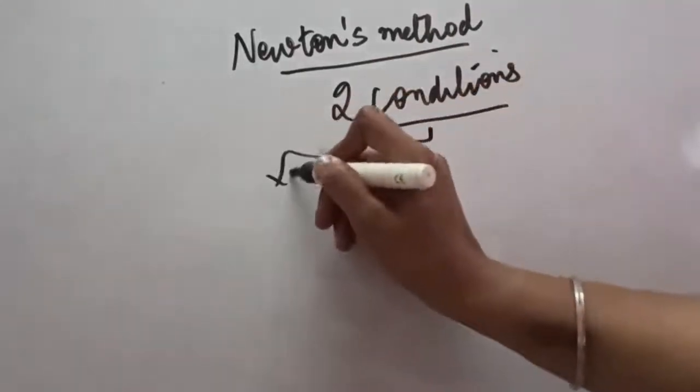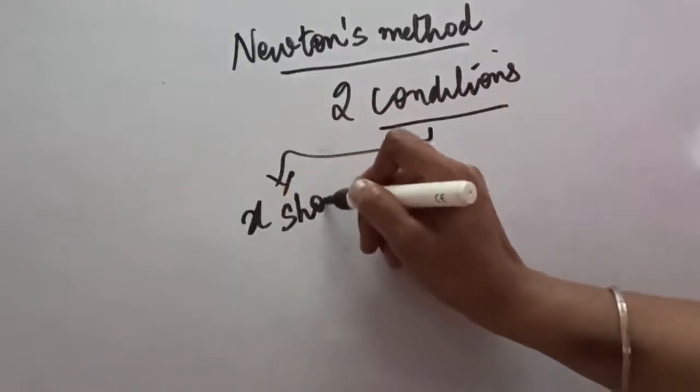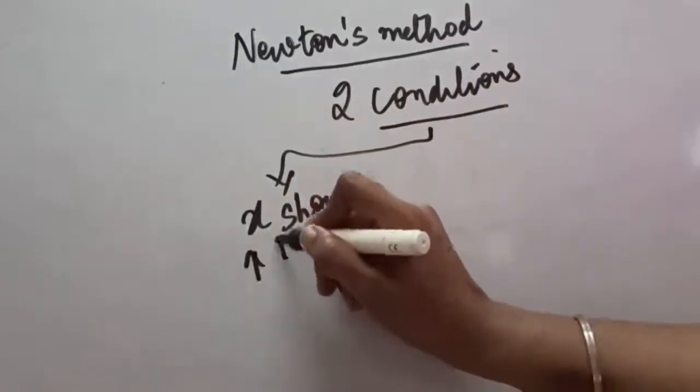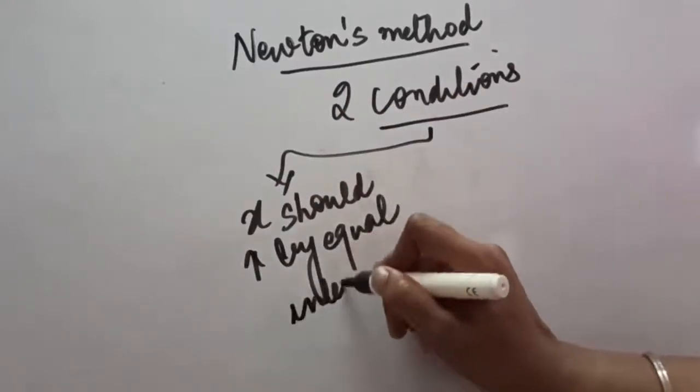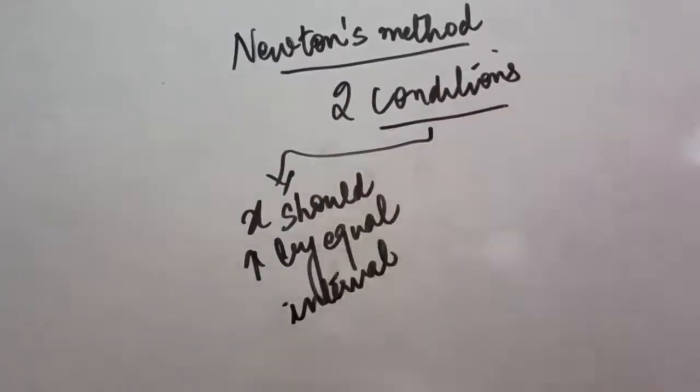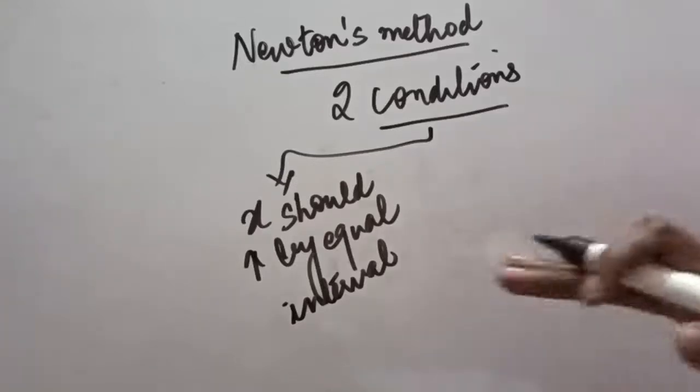First, x should increase by equal intervals. So the first condition is the same as we have earlier done. The values of x should increase by equal differences.